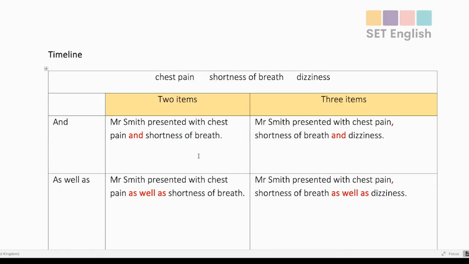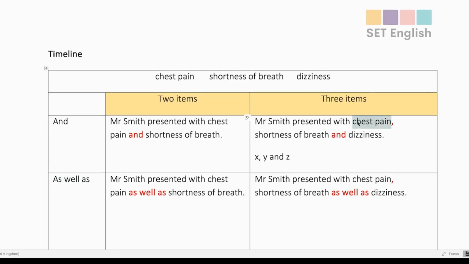Well, we need to understand that the listing structure for as well as is not the same as and. And is X, comma, Y, and Z. Like we said, chest pain, that one can be blue. Shortness of breath, that can be green. Dizziness, that one can be yellow.